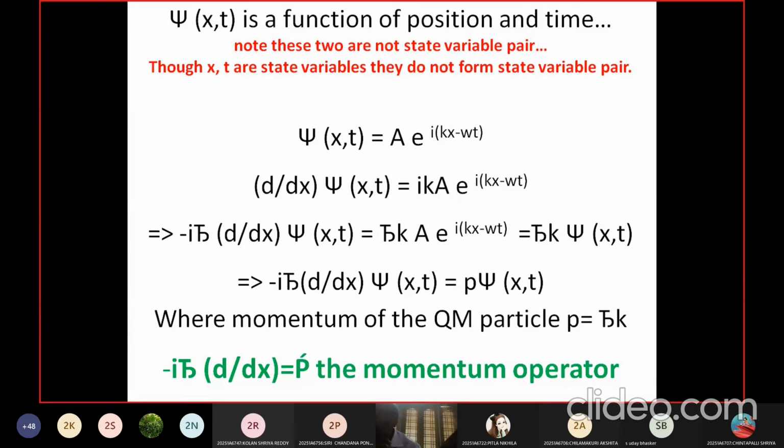But h-bar k is momentum. So minus i h-bar del by del x is the operator that, when it operates on the plane wave equation representing a matter wave, will give you the momentum of the matter wave.